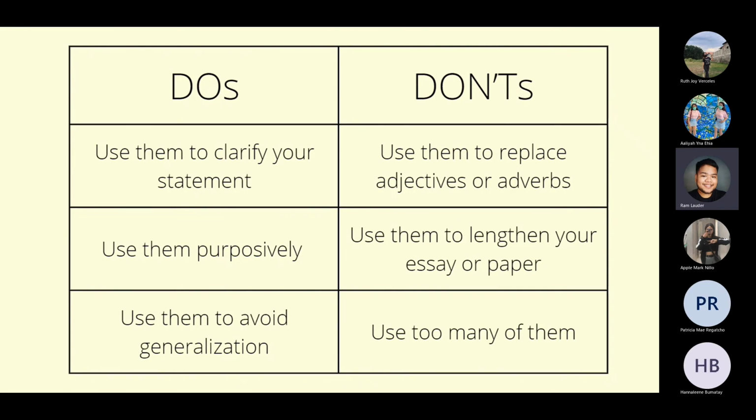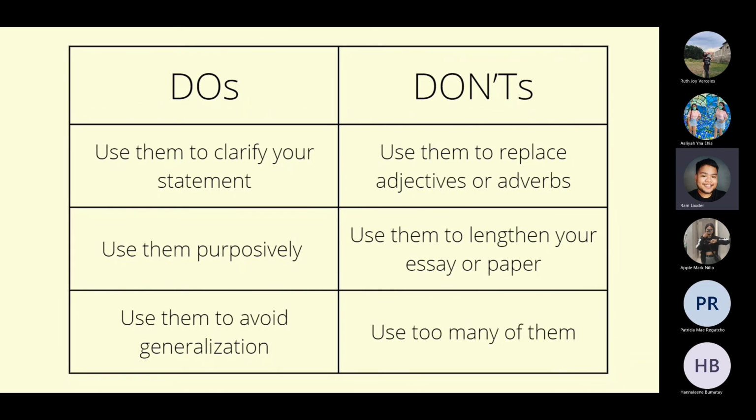You know what I mean? Sometimes they would write "she's absolutely beautiful," but in the latter part, they would write "she's somewhat beautiful." It doesn't align. As mentioned by the previous reporter, use them with a purpose.